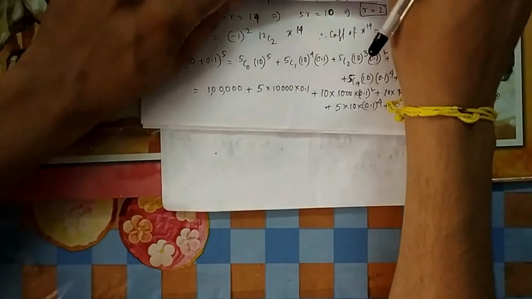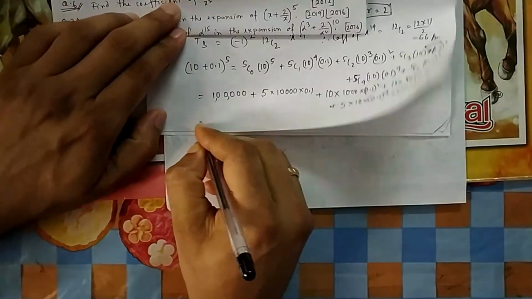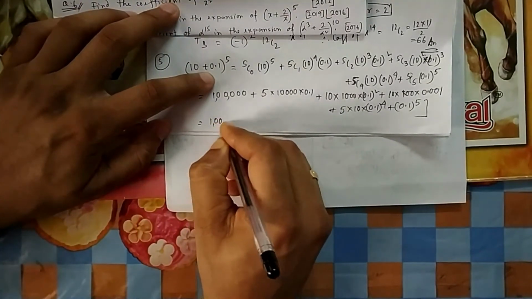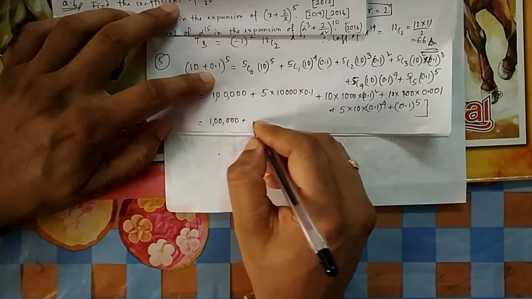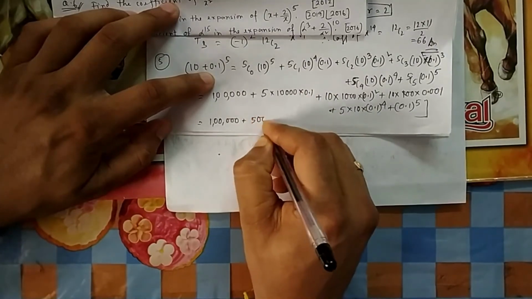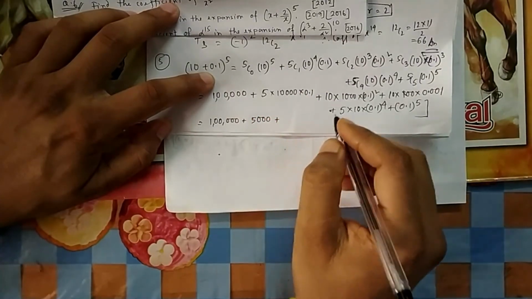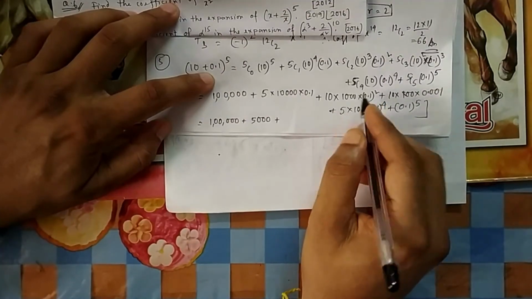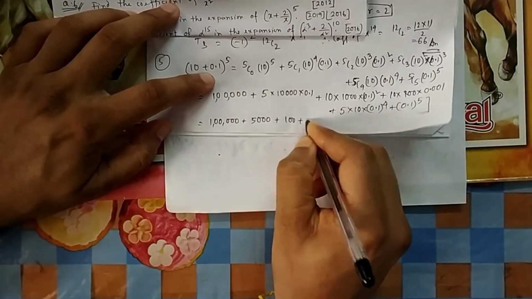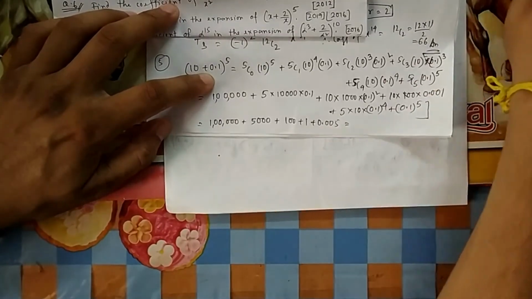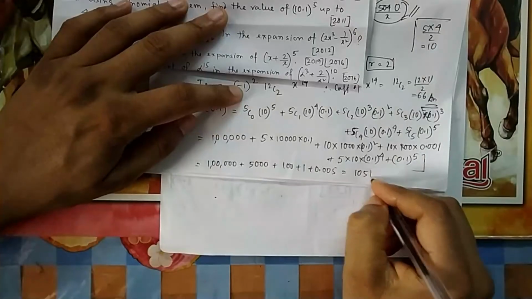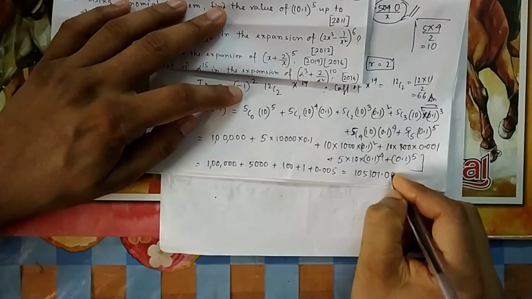Finally you will get it in this format: 100000, then 5000, then 100, then 1, then 0.005. If you add these up, ultimately you will find the answer is 105101.005.